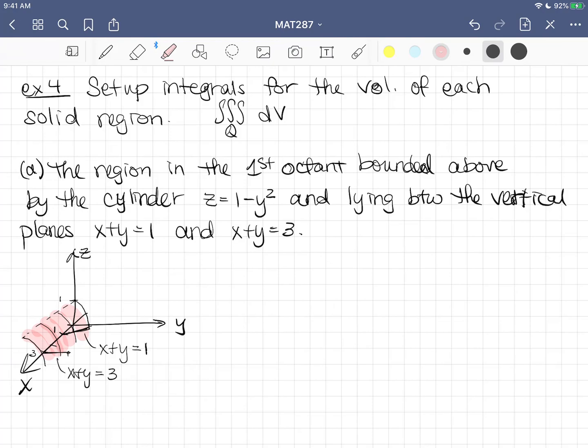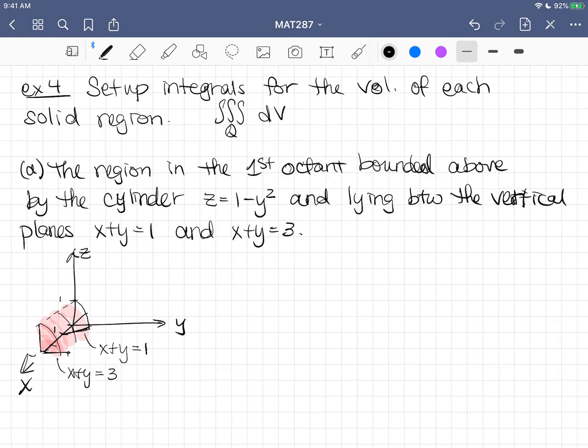Okay, so this is a terrible picture. You should just look at the picture in the book, but this is sort of the idea of what this looks like. Let me try to clean this up a little bit. So say here's my plane, x plus y equals 3. Cutting that off.